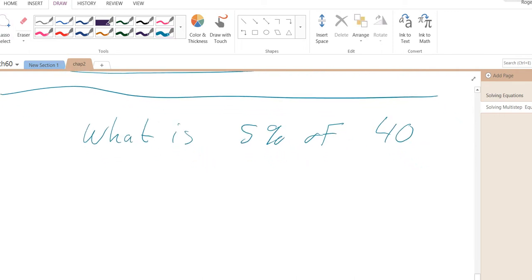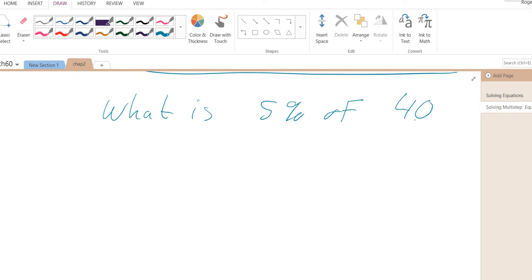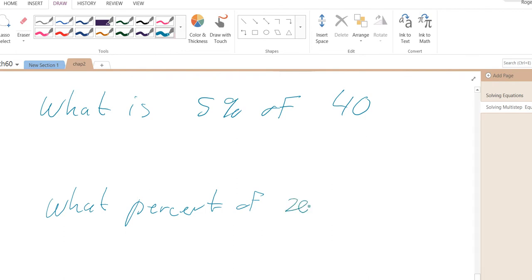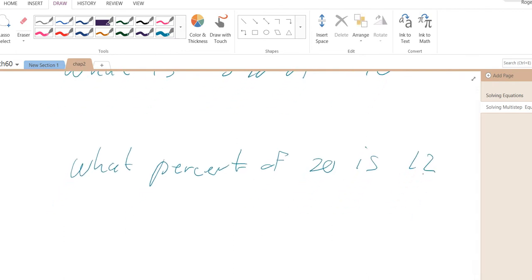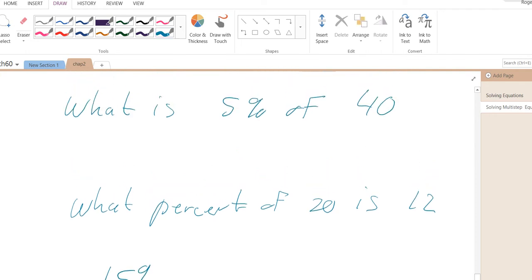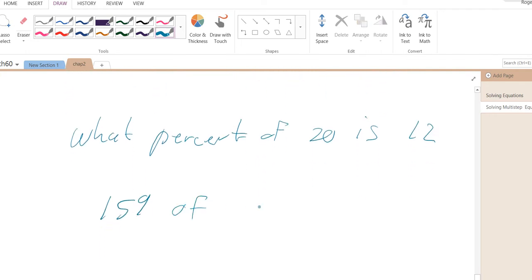Okay, there's different ones. There's this one. Let's see, there is one that looks like this. What percent of 20 is 12? And there is 15%, probably how they write it. 15% of 80 is what number?